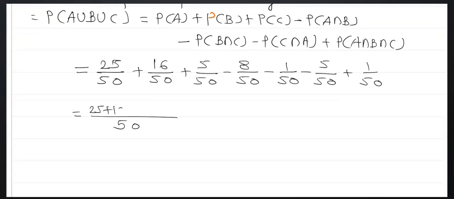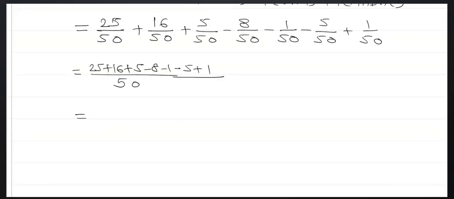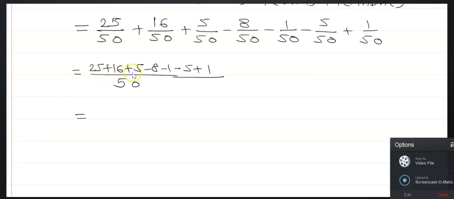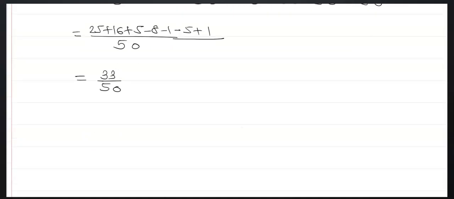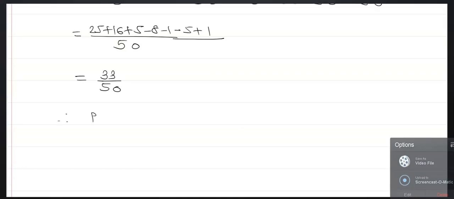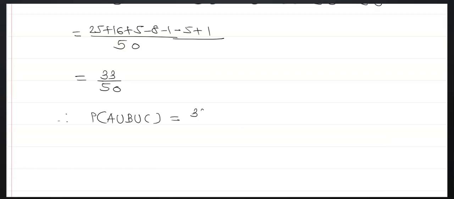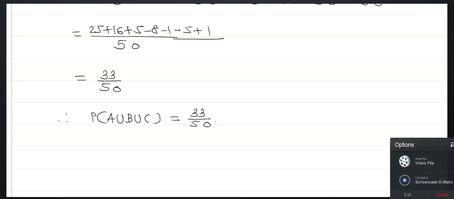That's 25 plus 16 plus 5 minus 8 minus 1 minus 5 plus 1, and overall you will get 33 upon 50. The probability of A union B union C is equal to 33 upon 50.